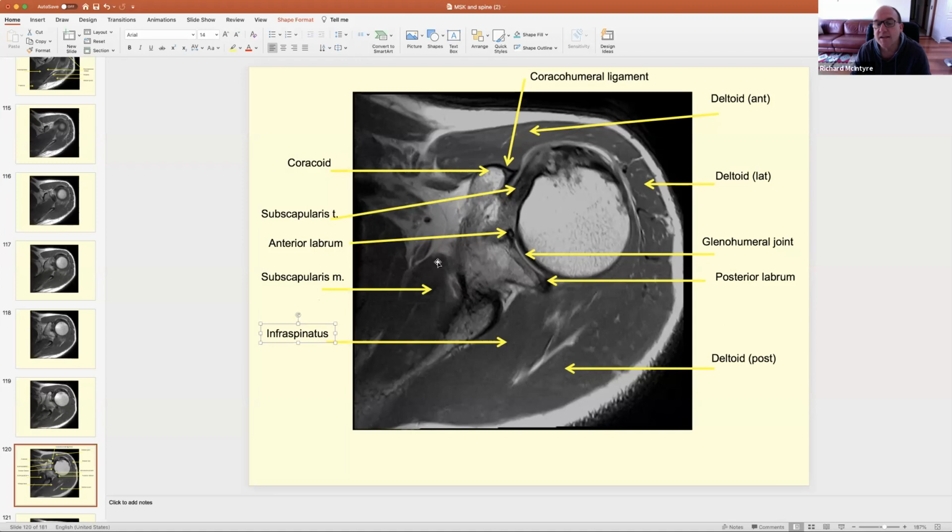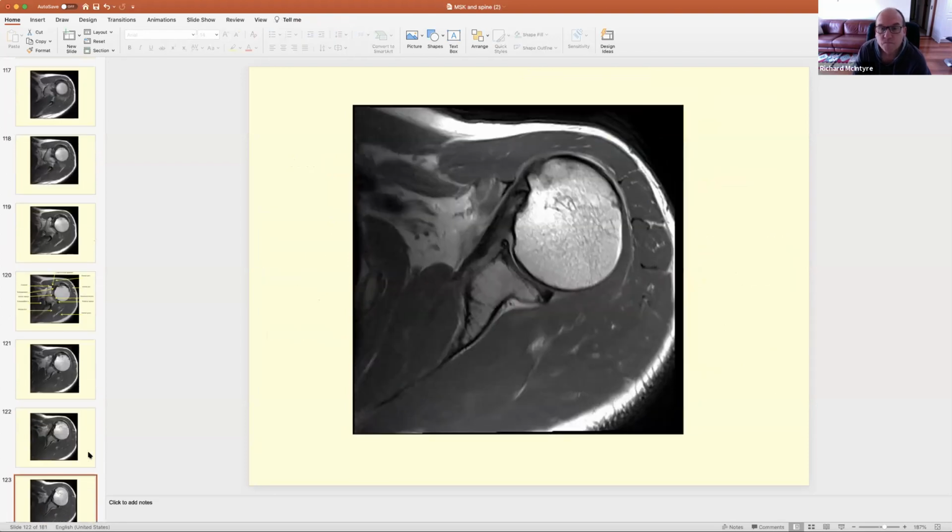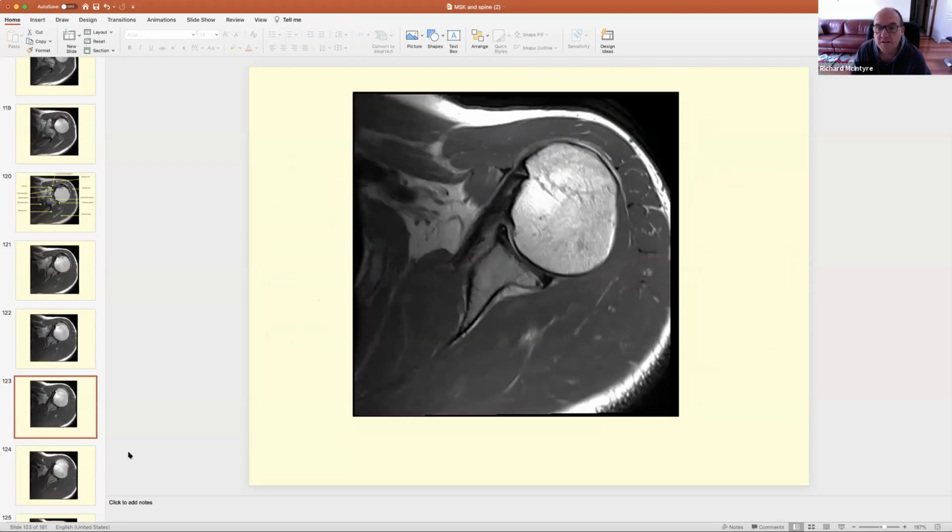Okay, so that's anterior, whereas infraspinatus is posterior to the scapula. Okay, and if you can learn that, then you can distinguish those two muscles. All right. So that shows really well the labrum. Okay, the posterior and anterior labrum.